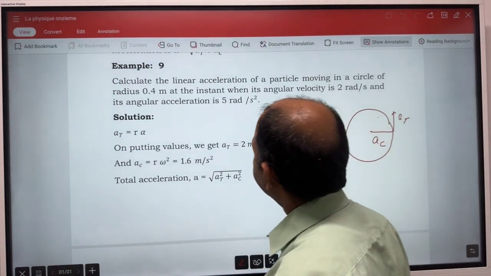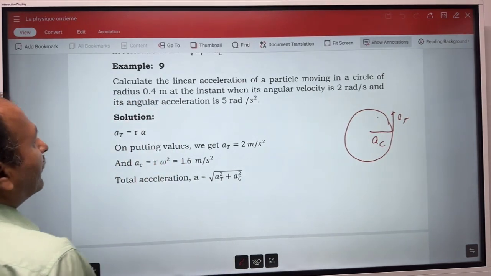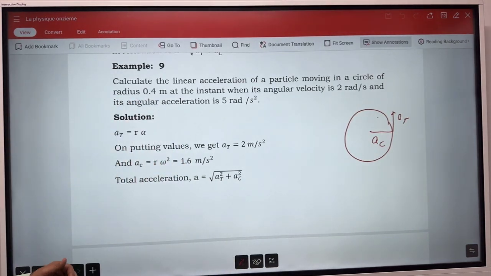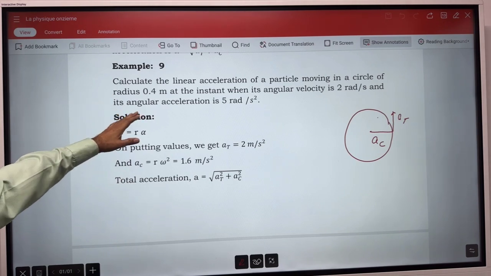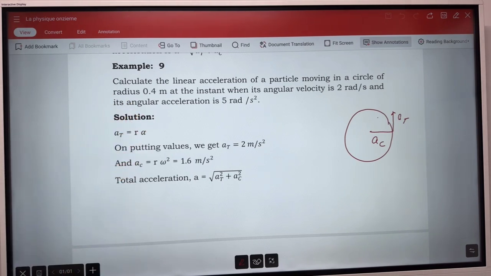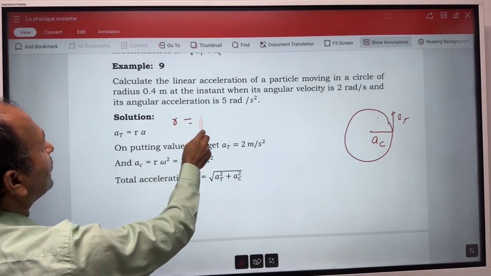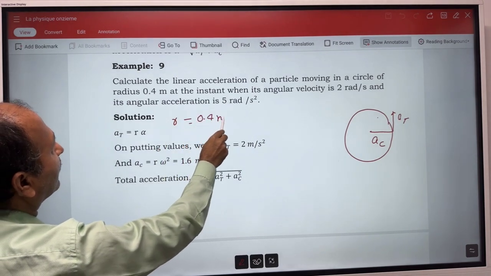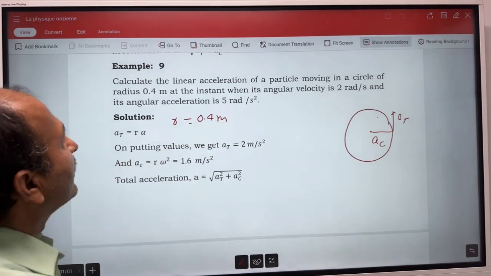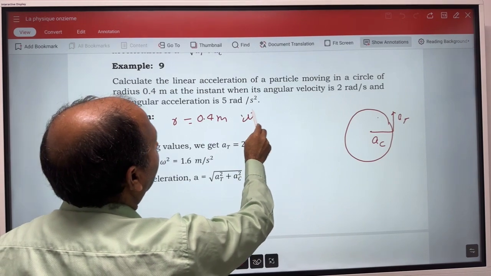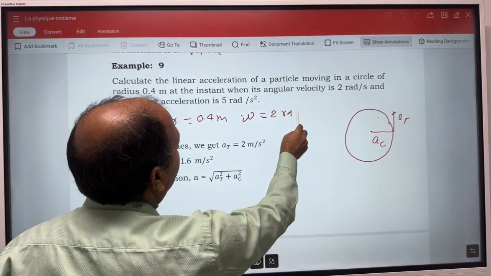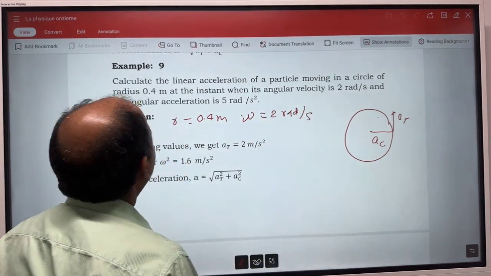In our question, what is given? Whatever information is given, we can make use of it. R is given, R equal to 0.4 meter, and its angular velocity omega is given as 2 radian per second.